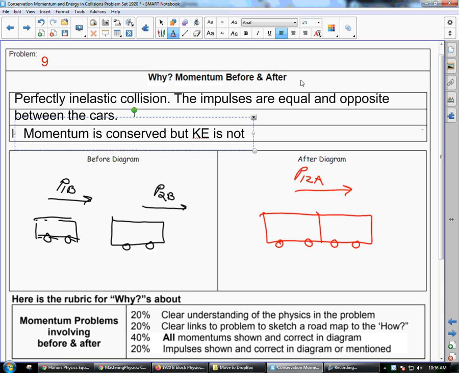Clearly the problem, sketch a roadmap to the how. I think so. All momentum shown correctly in diagram. Yep. Yay. I think I got it.